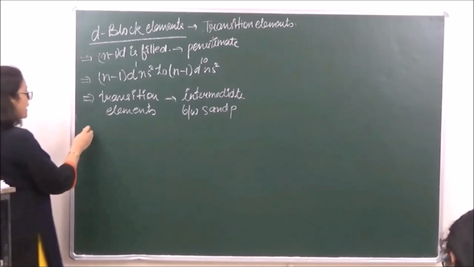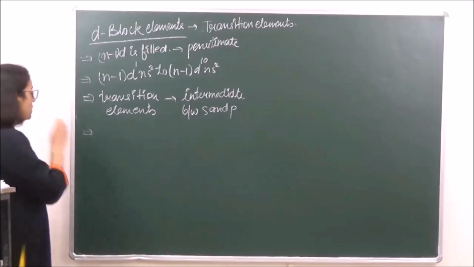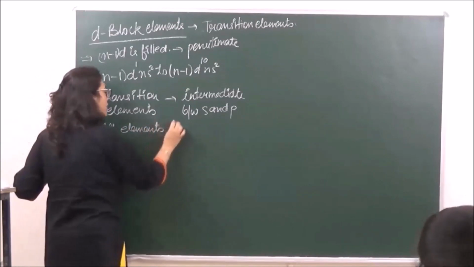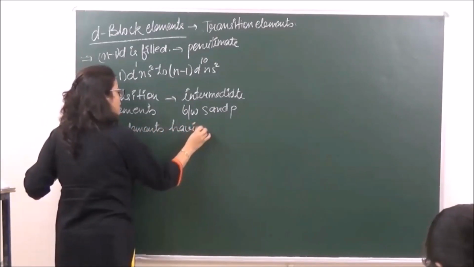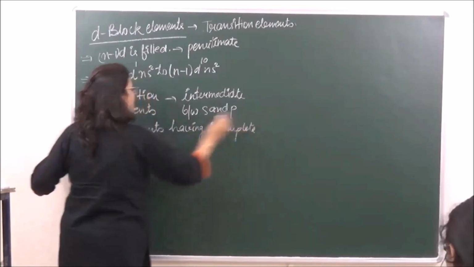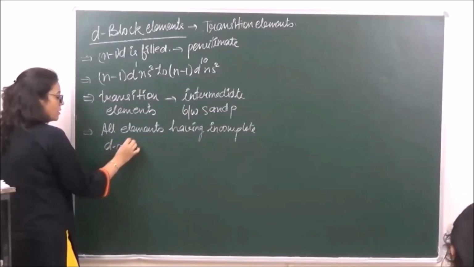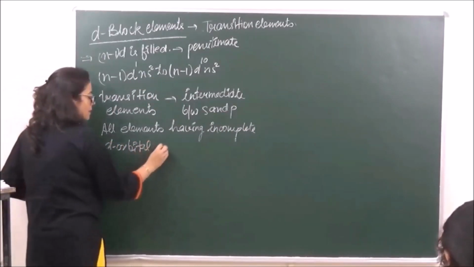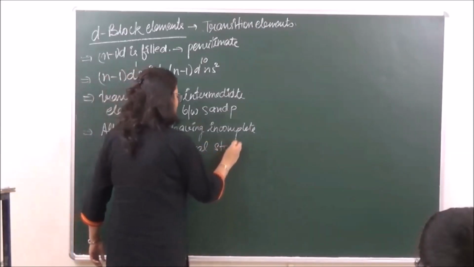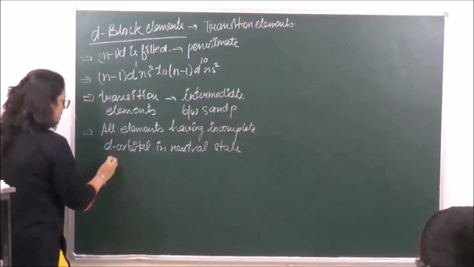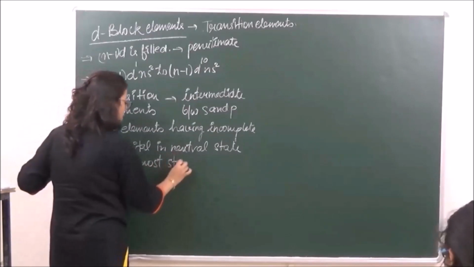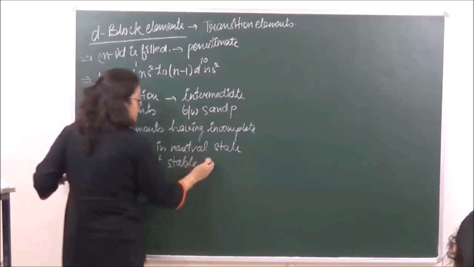Now basically when we are defining the transition elements, they are all elements having an incomplete d orbital in the neutral atom, neutral state, or its most stable oxidation state.